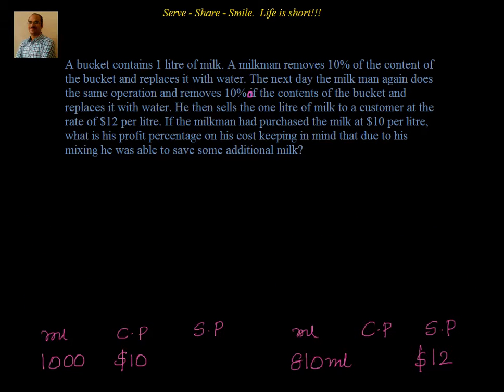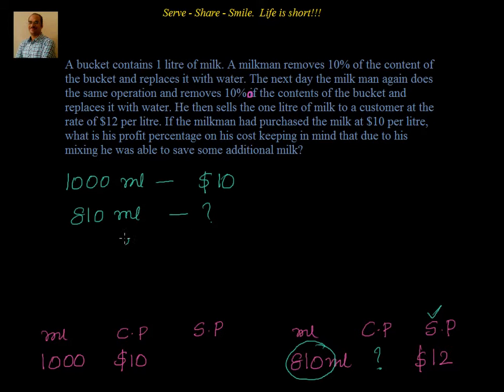Let's go to the next step. We will do this calculation for 810 ml. We already know the SP, and we have to fill in the CP. For 1000 ml, the cost price is $10. For 810 ml, the cost price is 810 by 1000 into 10, which is equal to $8.10.